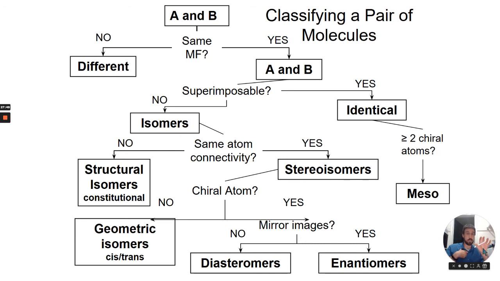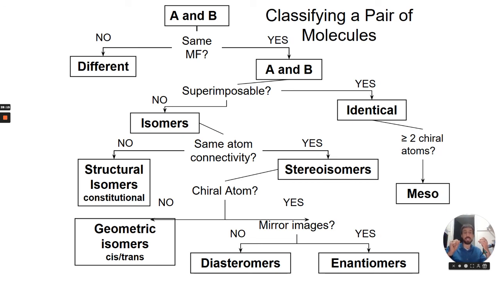Our stereoisomers now split into geometric, diastereomer, and enantiomer, and we also see the meso pop up. I do apologize, those arrows didn't quite align the way I wanted them to, but they're pretty close. So what we'd be doing is moving through the flowchart to explain the relationship between structures. It takes practice. You need that practice.